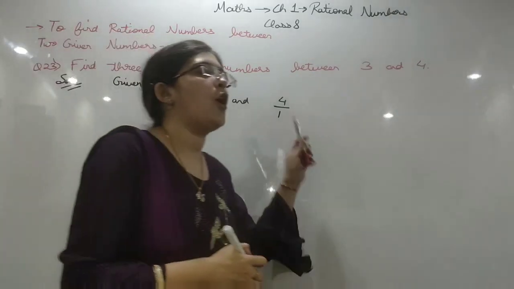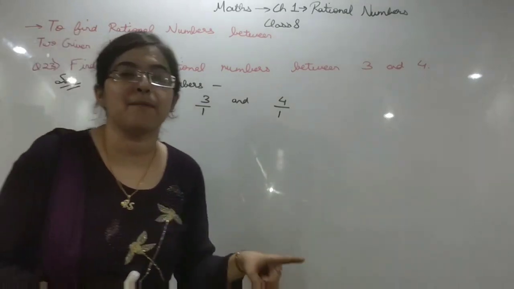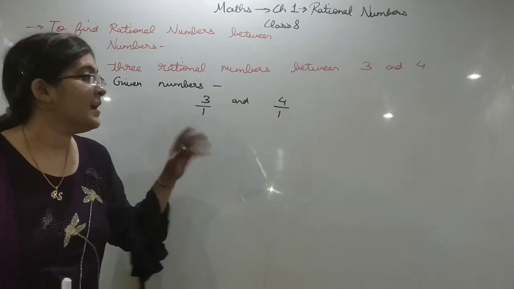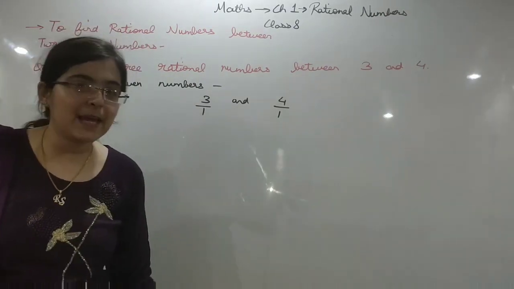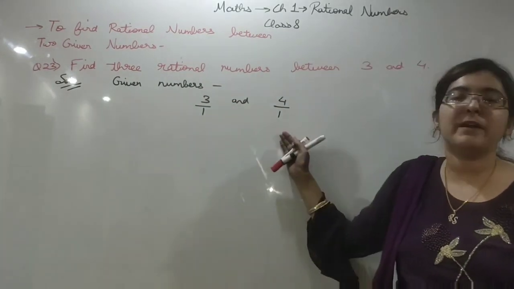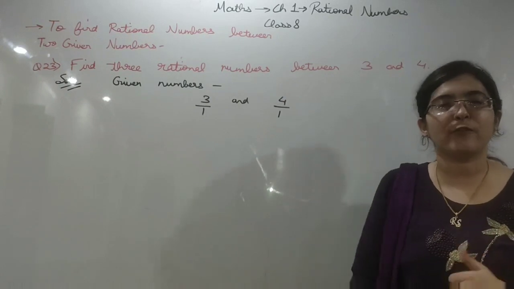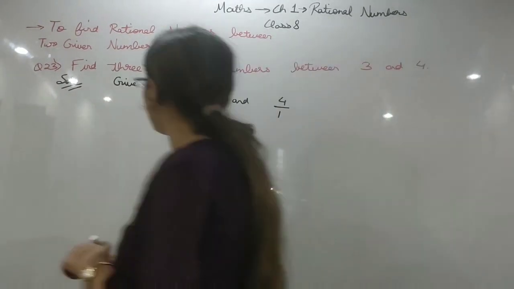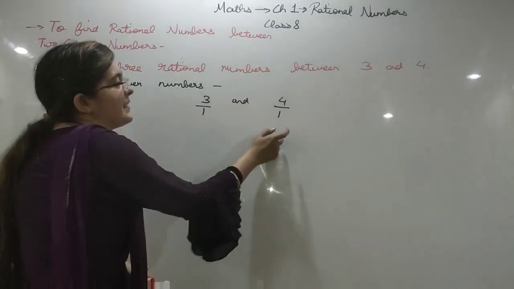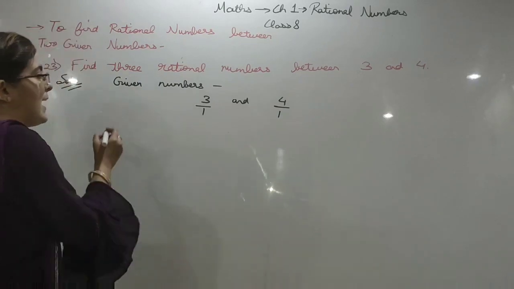Students, to solve this, your first step is to make the denominators the same. Here the denominators are already the same, so we don't have to do anything. If the denominators were different, we would have to find the LCM. We will do such types of questions further. So your step 1 is to see whether the denominators are the same or not. They are the same, so let's move on to the next step.